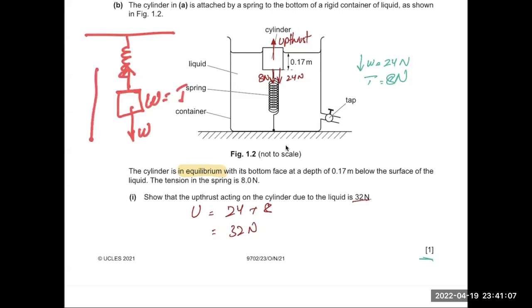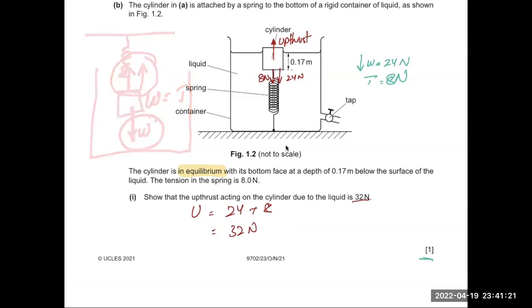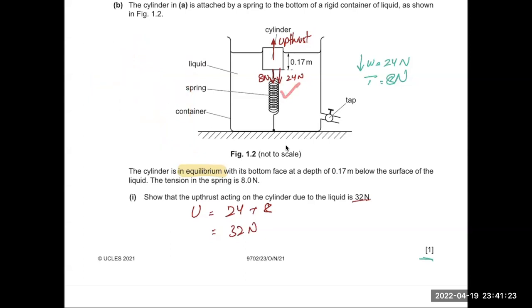Or even if it was submerged in water, I'd still say the weight is downward, the tension is upwards, and then there's an upthrust force. So tension plus upthrust, the two upward forces, are equal to the weight. I'd say that. The tension in the spring has a tendency to return back to its normal position. And that causes the spring to apply a downward force.